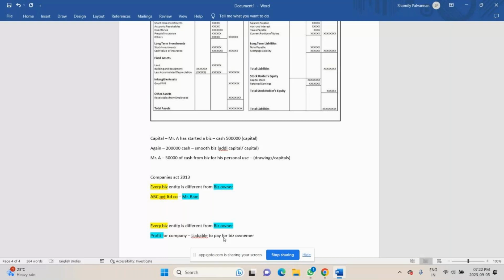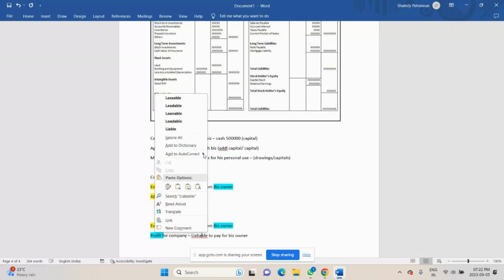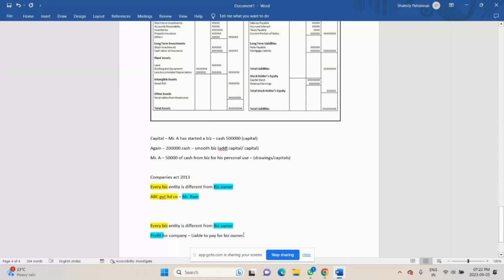We are liable to pay to the business owner, and that is what we show on the liability side.